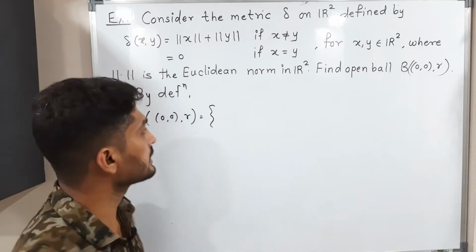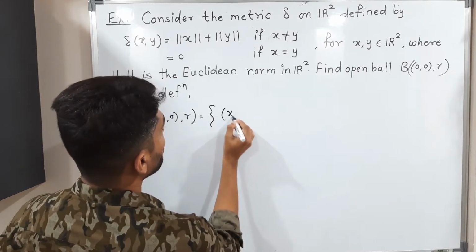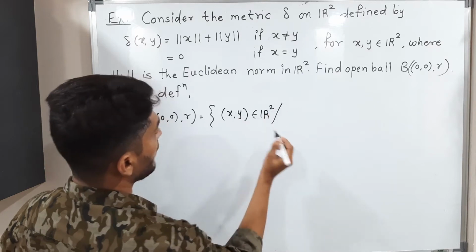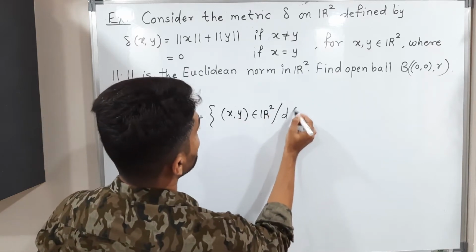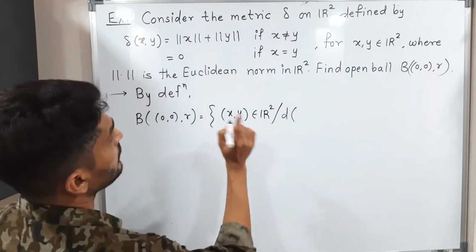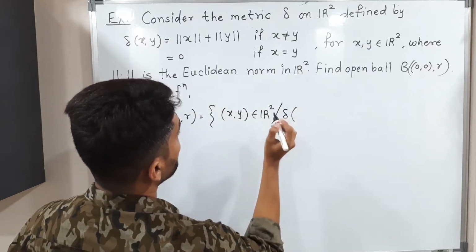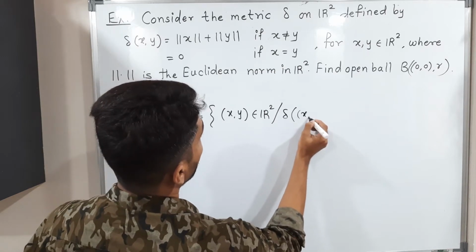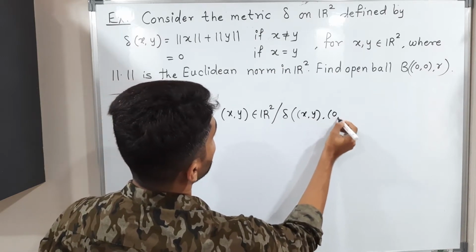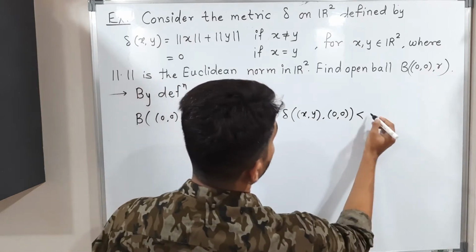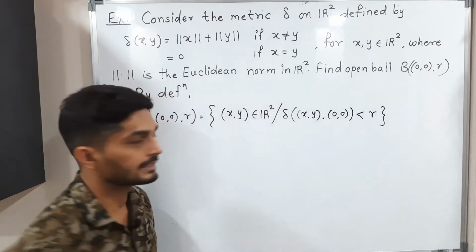The definition says: the set of (x, y) belonging to R2 such that distance between, just a minute, instead of d we have to take delta since the metric is delta. Delta of (x, y) comma (0, 0), that means the distance of (x, y) from (0, 0), should be less than R.